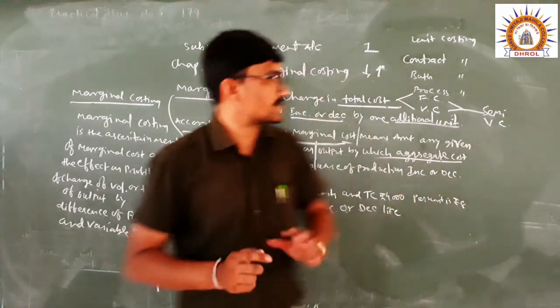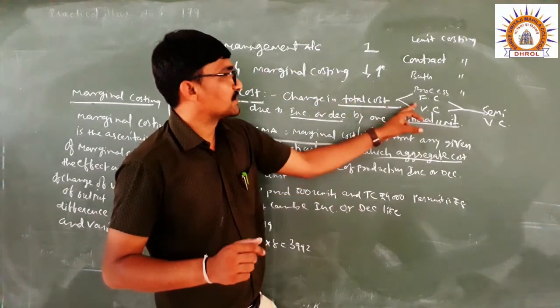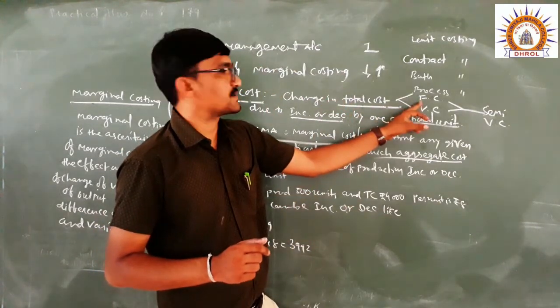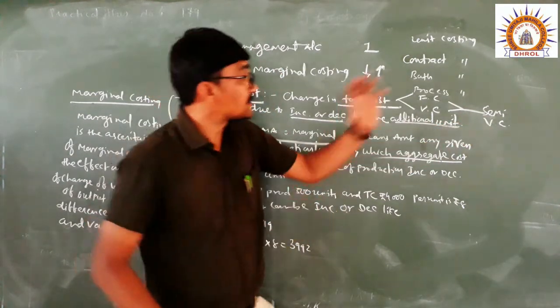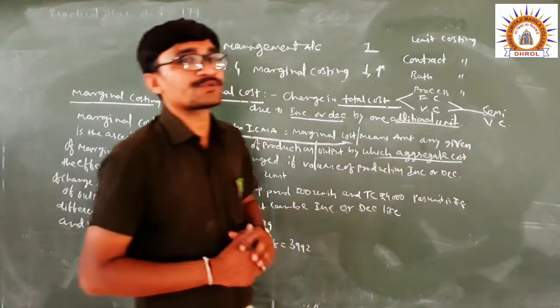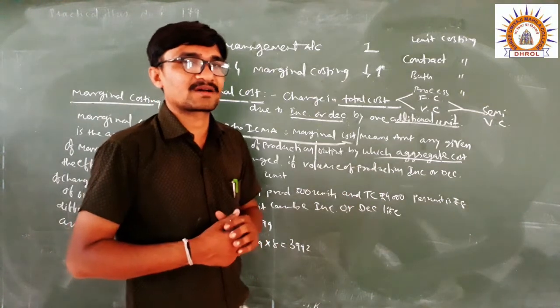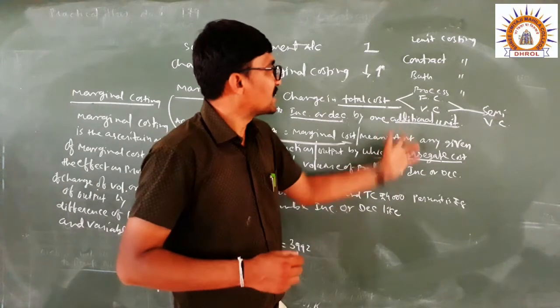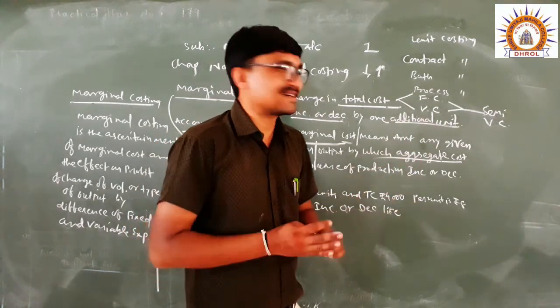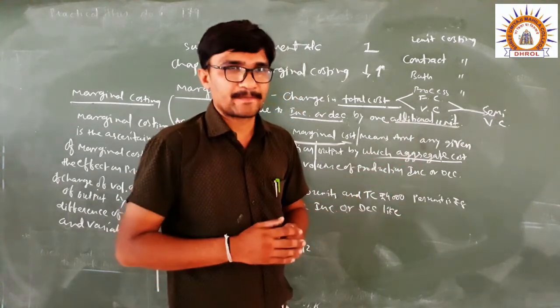Total cost, I told you, is the combination of fixed, variable and semi-variable cost. The fixed cost shall remain constant up to the last level of capacity or at the end of the production process.